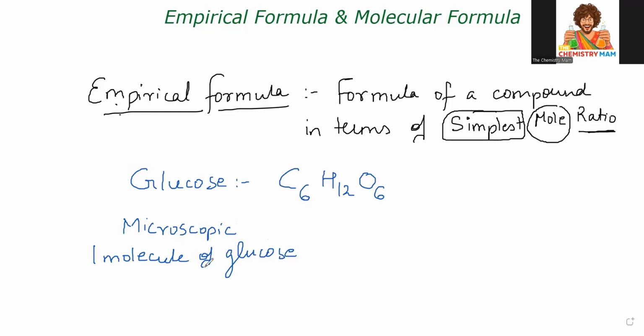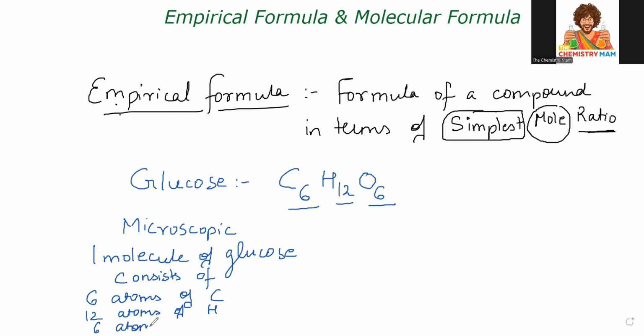So I can say that one molecule of glucose contains or consists of six atoms of carbon, 12 atoms of hydrogen, and six atoms of oxygen, right?